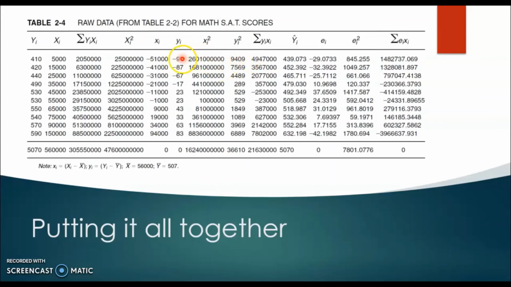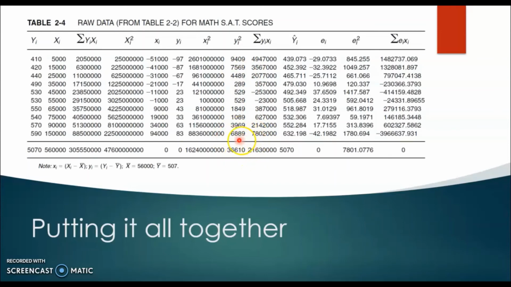Or you can also get the squared product of the small letter y. So negative 97 squared is equal to 9409. We get the squared value of negative 57, that is equal to 7,569, and we repeat the same process until the last observation, until observation number 10.